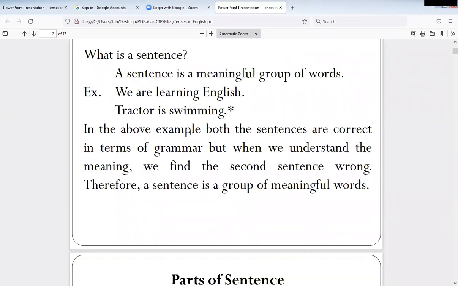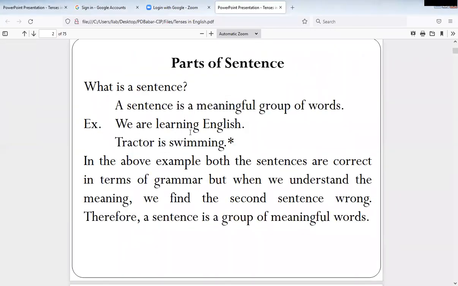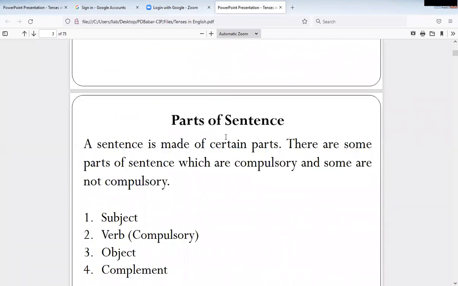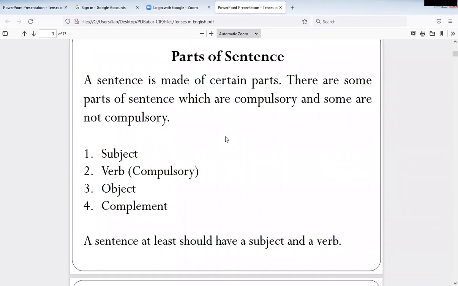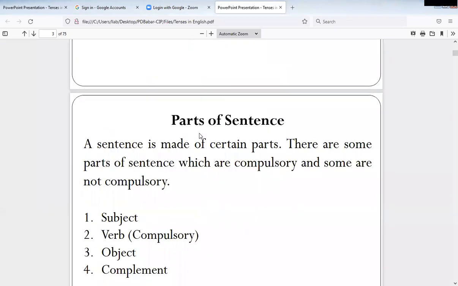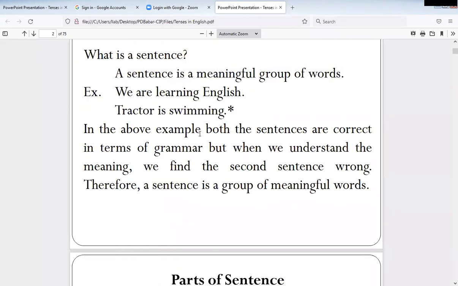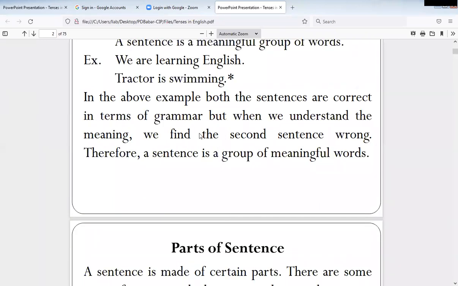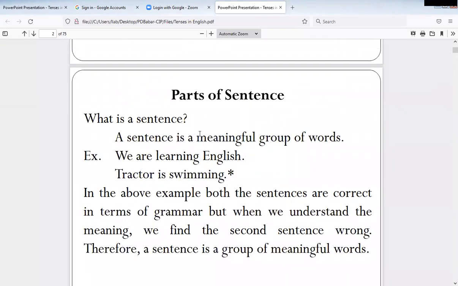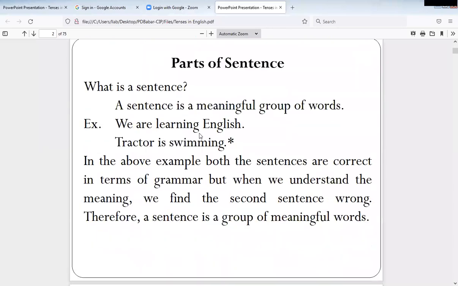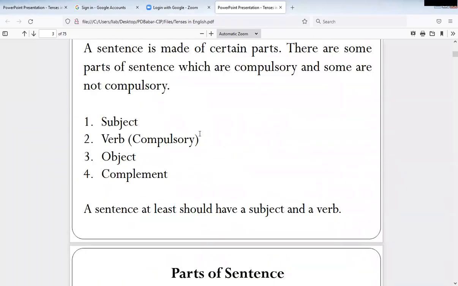So a sentence is nothing but a meaningful group of words. And we also saw the different types of sentences. There are assertive sentences, affirmative sentences, negative sentences, exclamatory sentences, imperative sentences.